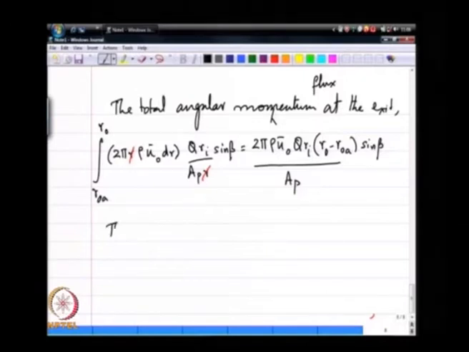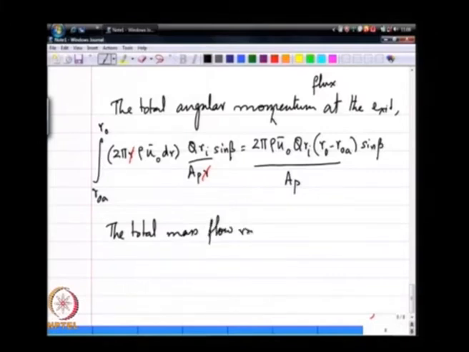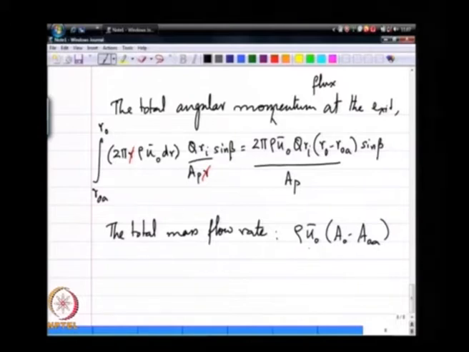The total mass flow rate exiting the nozzle is rho u0 bar times A0 minus A0A. This is just the cross sectional area available to the fluid flow, A0 minus A0A, times U0.